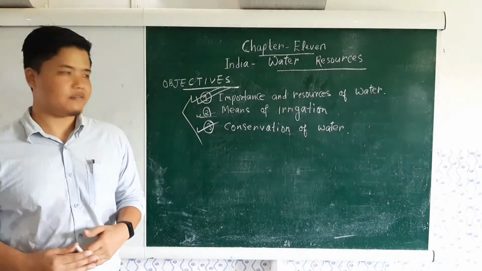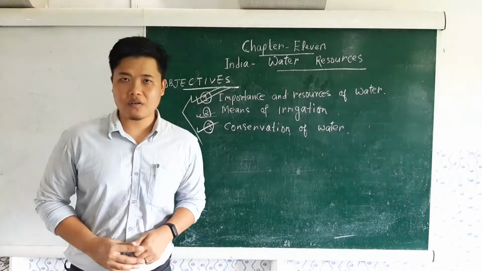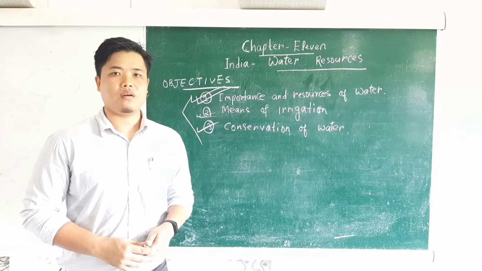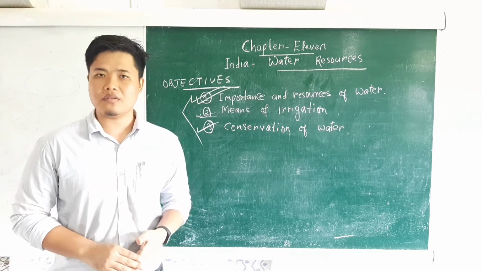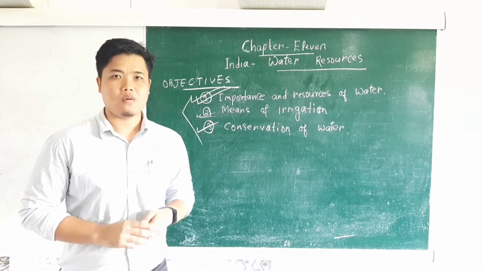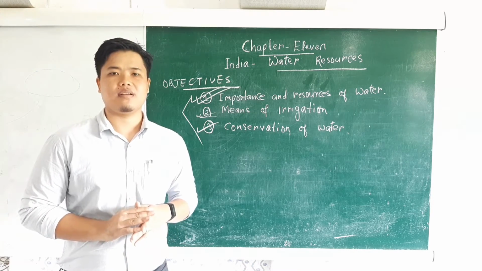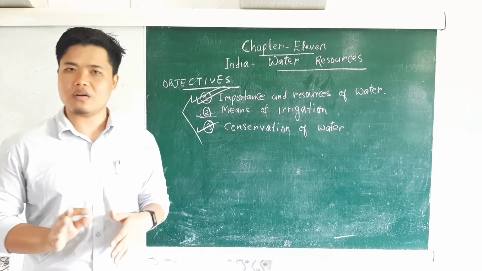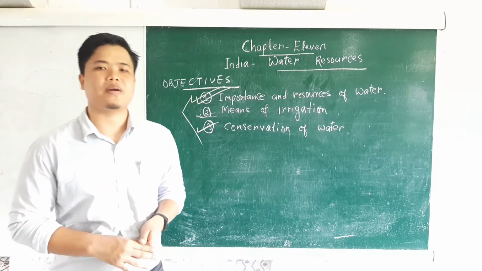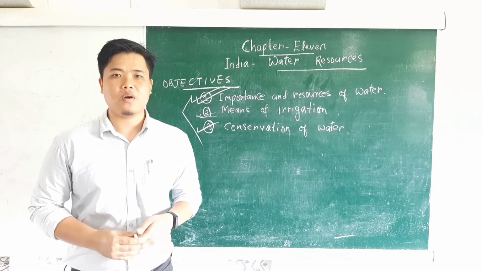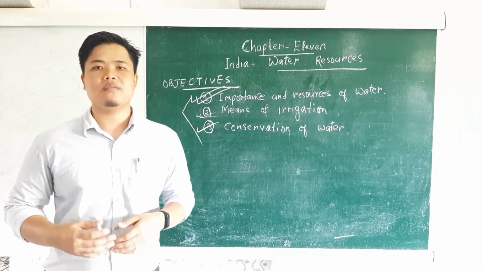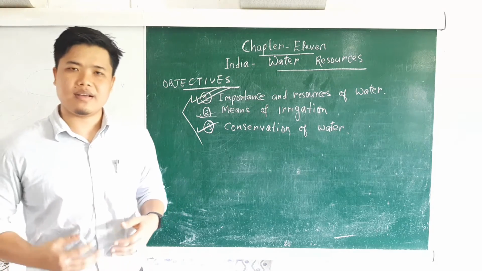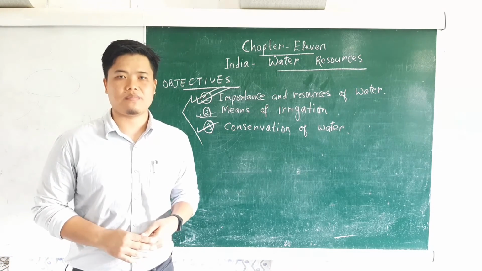And our last objective is the conservation of water. Water is a non-renewable resource. Once gone, it is gone permanently. So we must know how to utilize and how to conserve our natural resource, water.